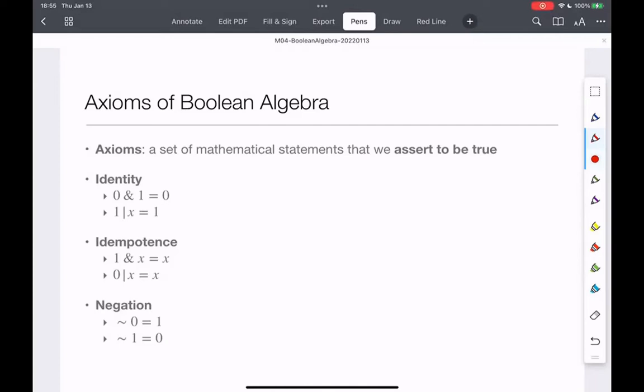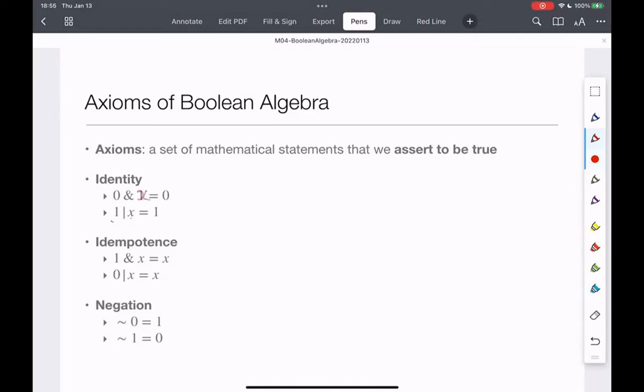So we can start by saying there are 2 identity operations, which is basically saying that 0 and x ANDed together is a 0, and 1 ORed with anything is a 1. I'm sorry, this probably should have said 0 and x.